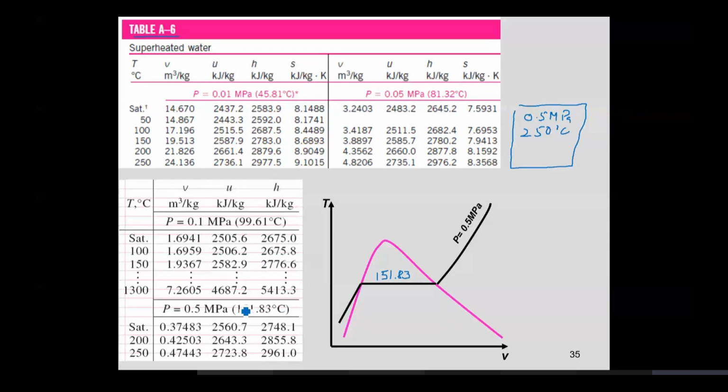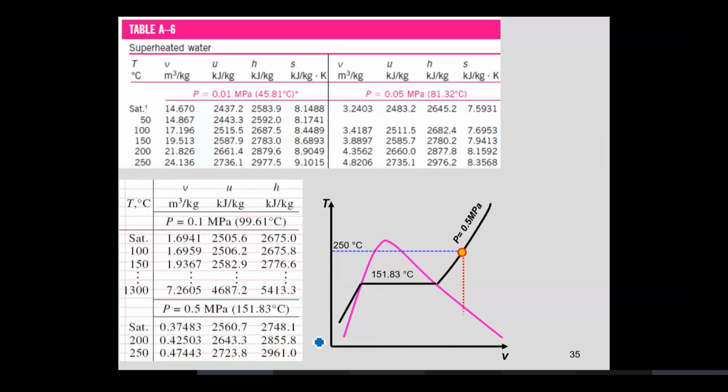I'll read out the pressure, which is 0.5 megapascal, and I will go to the temperature which says 250 degrees centigrade. This row would correspond to my properties. So I'm over here. This is 250 degrees centigrade. Now, if I want to find out the specific volume of my system, what would it be? 0.47443.